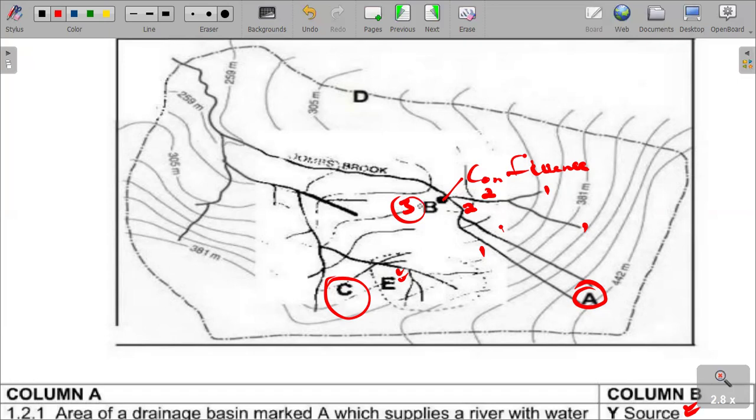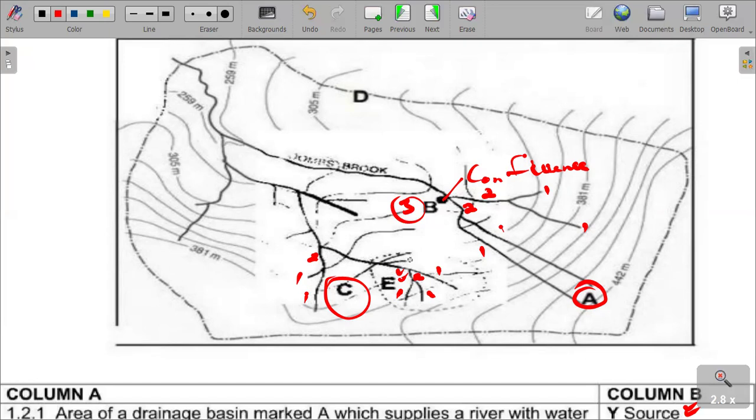So streams of the same order that meet up form the next higher order. I want you to understand that this is first order, and then we have second order there, but this one is first order. Again, this one is first order, and then we have second order there.